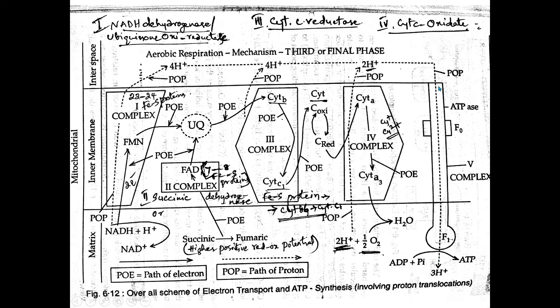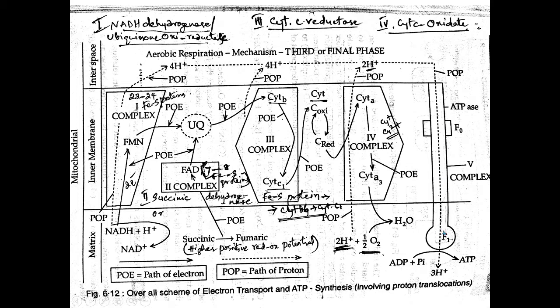This acts as a channel for the flow of these protons. Here the concentration of protons is very high. So due to the proton gradient or proton motive force, these protons flow through this channel and are liberated into the matrix. While they move through this channel, they create some current.